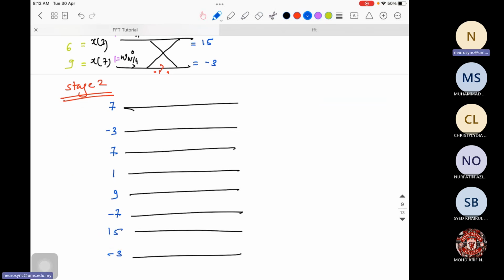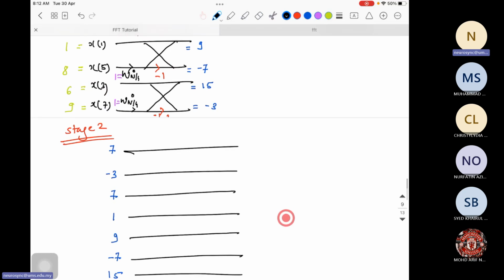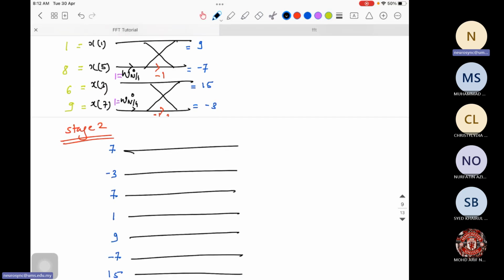Okay. Now draw the butterfly structure. So how will we draw the butterfly structure? Now this is 1 point DFT. Now this is 2 point. Therefore, this will add to the second line. This will go to the second line. So this is my first butterfly.